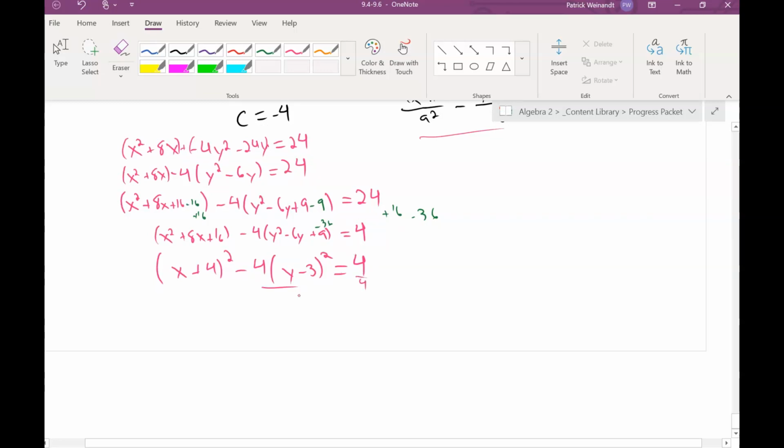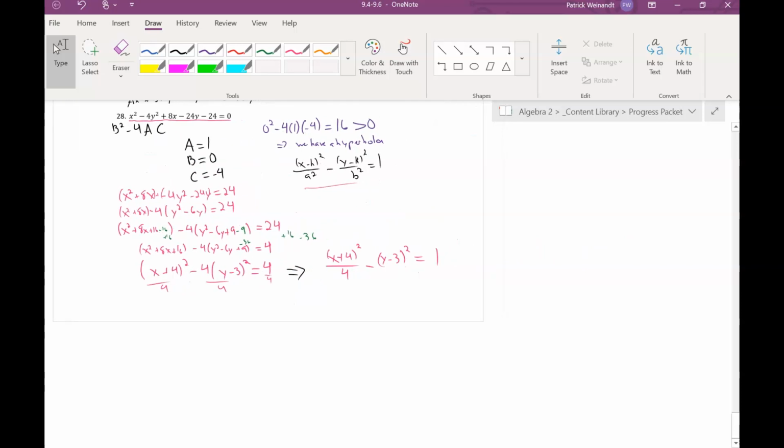We're going to have x plus 4 squared over 4 minus, well, 4 divided by 4, 4 times y minus 3 squared divided by 4 is just going to leave us with y minus 3 squared equals 1. So that one works out nicely for us. That's how we do that.